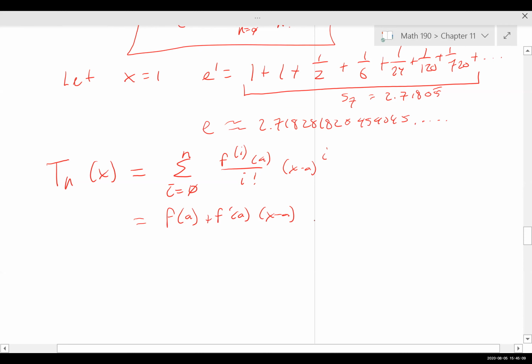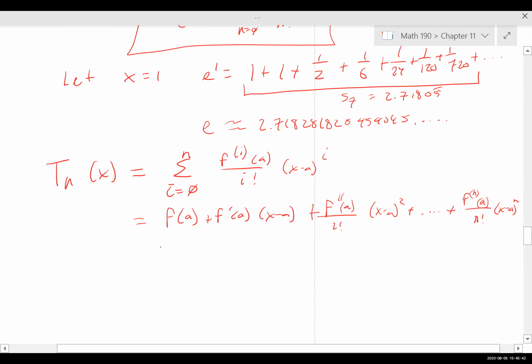But it's only going to go up to n. We're going to stop at n. It's not going on forever. So this is f double prime of a over 2 factorial times x minus a squared, plus dot dot dot, and it ends at the nth derivative of a over n factorial times x minus a to the nth degree.